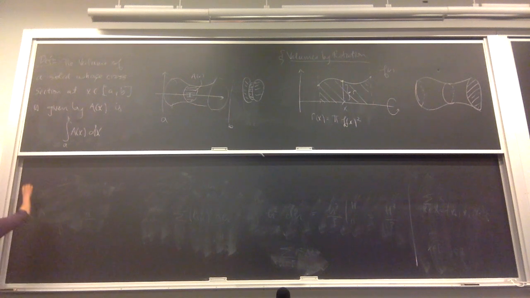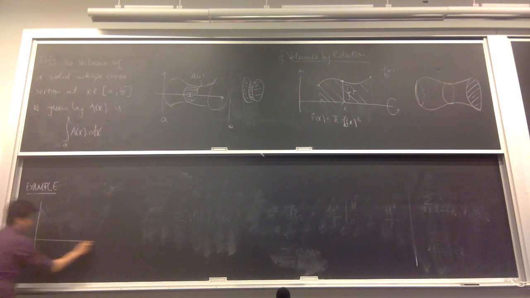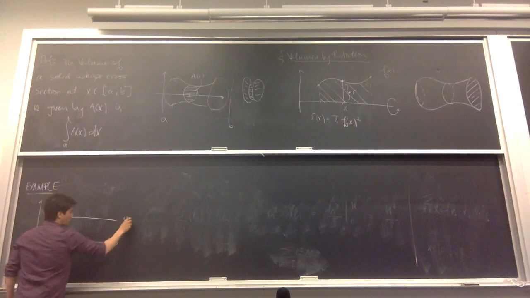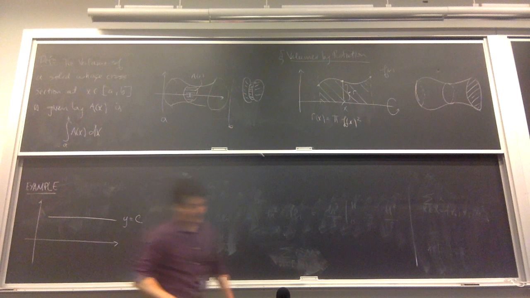So here's an example. What shape do you get if I give you this line, y equals c, and what did I put in the notes?